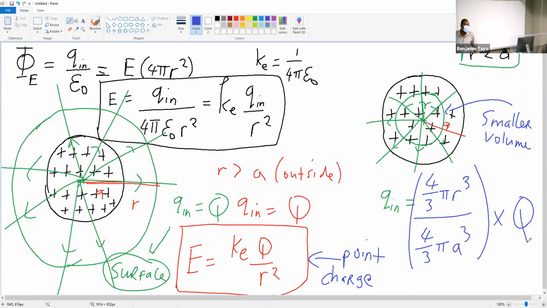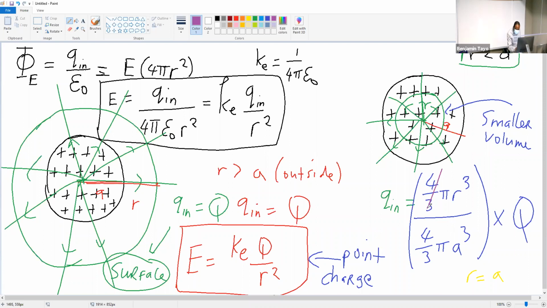Now let's see if this makes sense or not. If I look at this equation, if I were to put in R equals A here, what do you think happens? If R equals A, the volume is going to cancel, and then you just get Q in equals big Q, right? But because R is less than A, it means that Q in is going to be less than big Q. Now, if you do the math here, everything cancels.